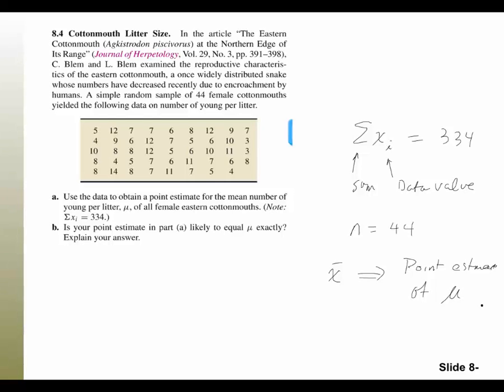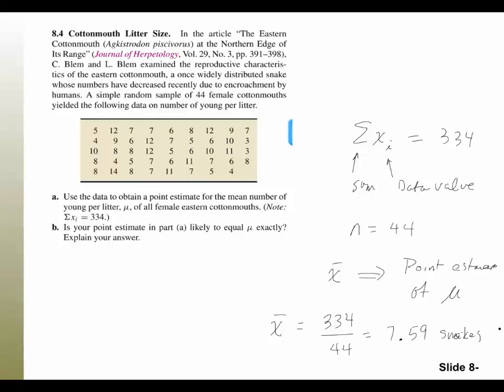And how do you get the sample mean? Sum them all up, which they gave us that sum, divide by the number. Who's got it? What is it? 7.59? Snakes in the litter.